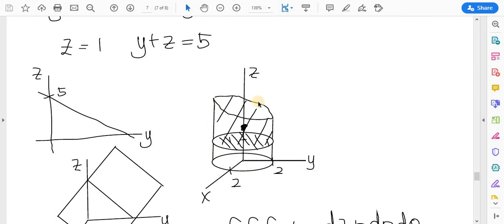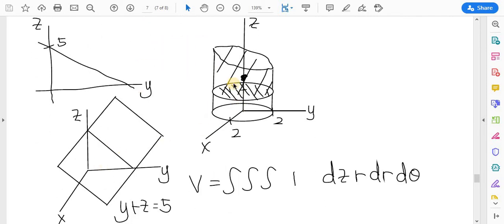Supposedly it extends to positive infinity and negative infinity, but the question says that you only need to calculate the volume which is cut by these planes. z equals 1 is this one. Just imagine the cylinder is cut by z equals 1 and sliced by this plane.